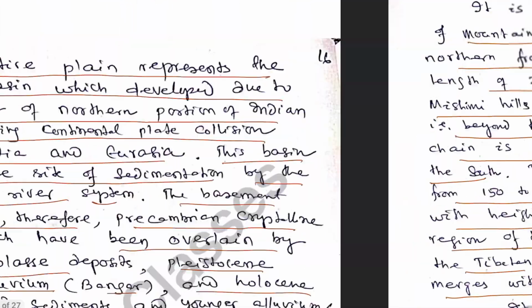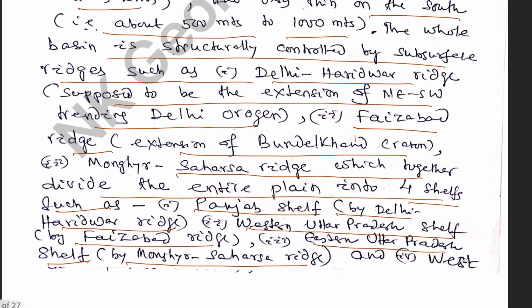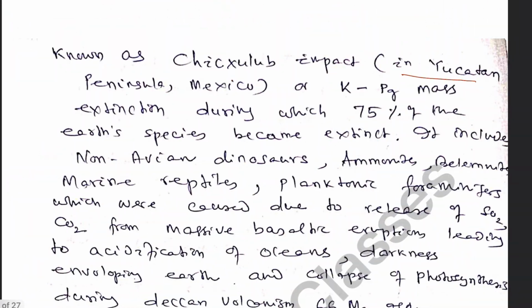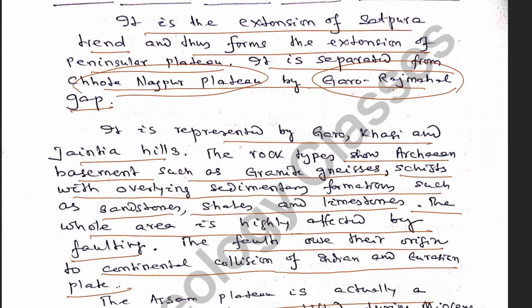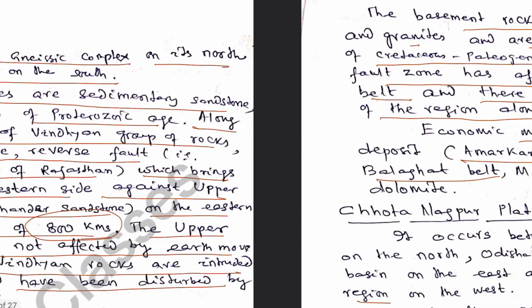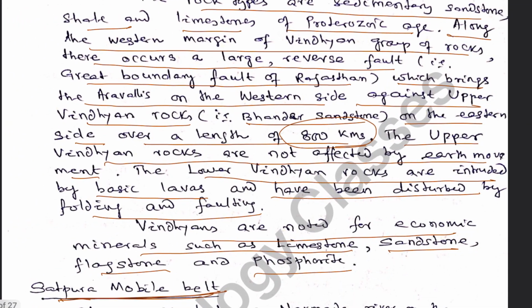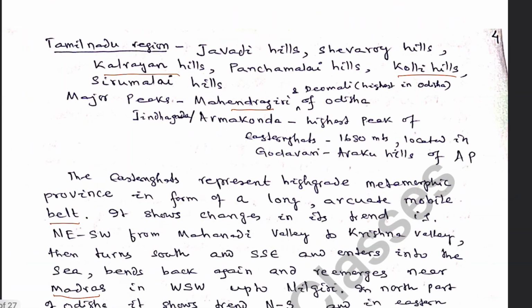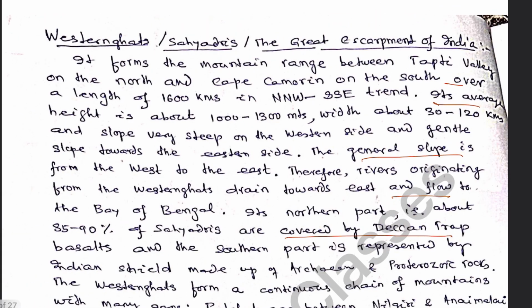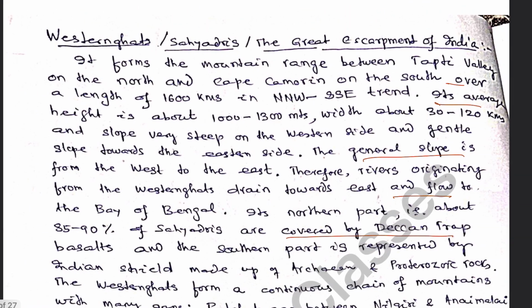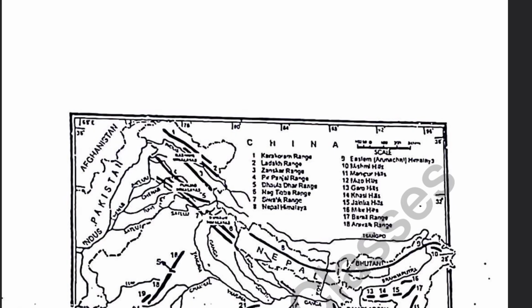And the most part of the Indian landmass is represented by the Archean and Precambrian rocks along with Paleozoic rocks that constitute the peninsular India, with sedimentary rocks forming the part of the Indo-Gangetic plain and Cenozoic rocks that form the Himalayan chain of mountains.